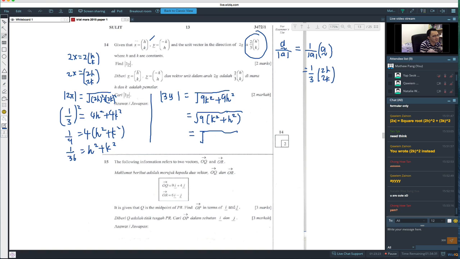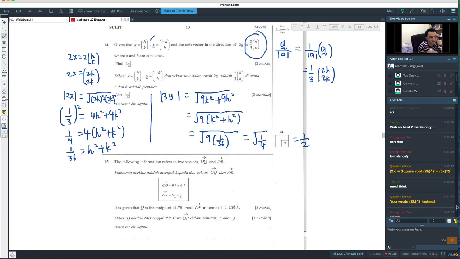This one itself equals 1 over 36, so this one should equal 1 over 4. Should equal square root of 9 over 36, which is 1 over 4. The answer should be 1 over 2. Just now, what did you say about the answer? The answer is 9 over 2.